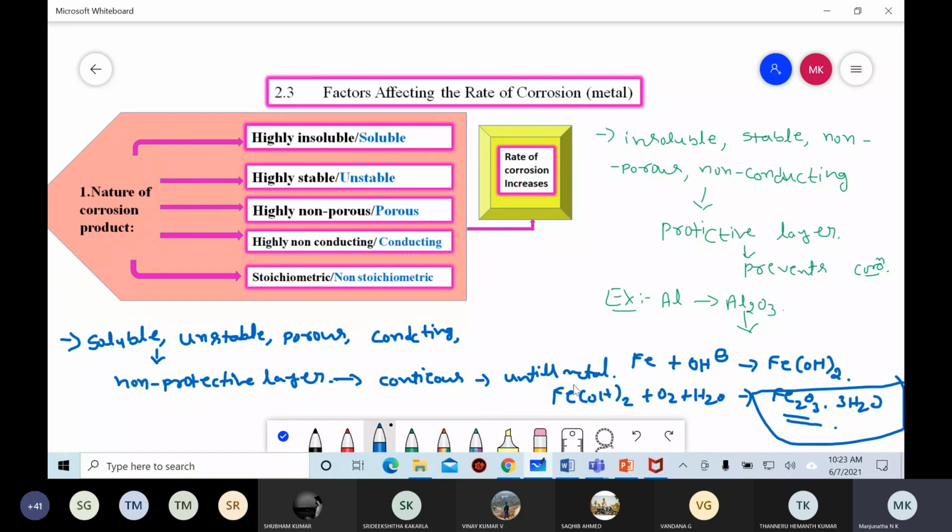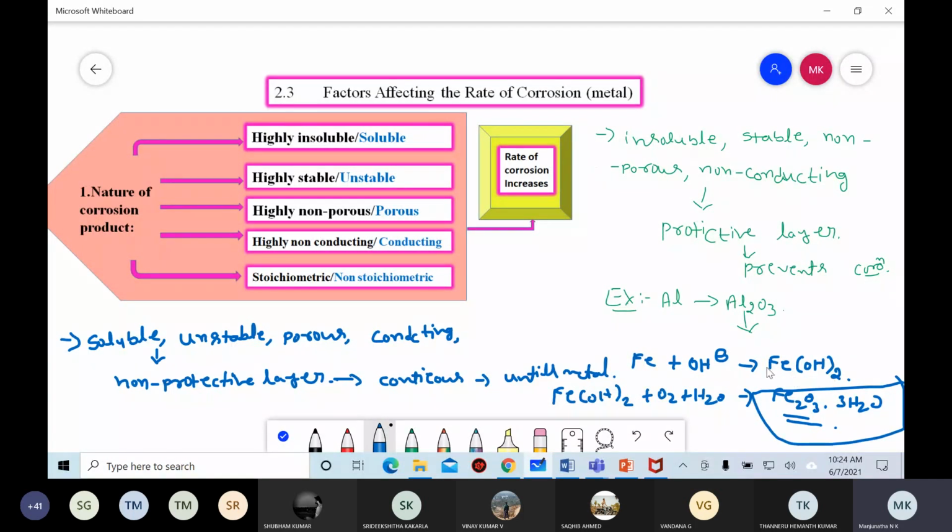For example, metals like iron. Once iron undergoes corrosion, initially an iron hydroxide layer is formed. This iron hydroxide layer is called the corrosion product. It is unstable, soluble, and porous in nature.